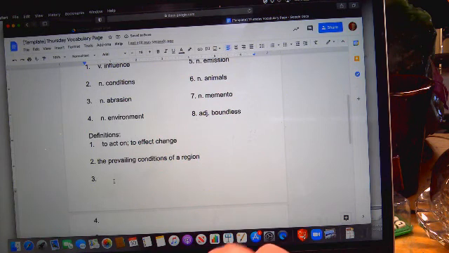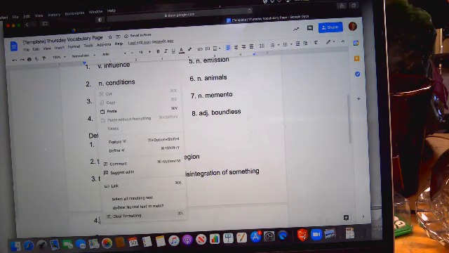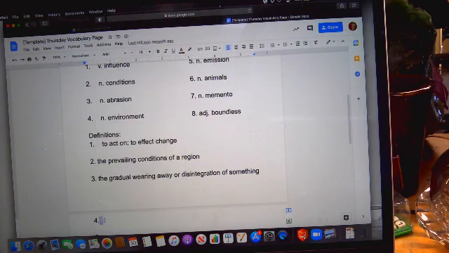Okay, and then number 3 is erosion. So it is the gradual wearing away or disintegration of something.